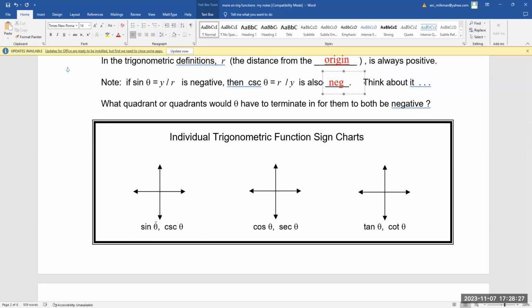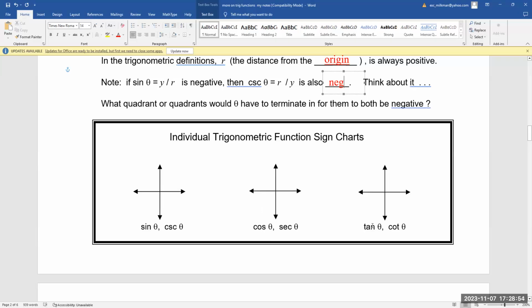So y over r, when your y is negative, that would be in quadrant 3 and in quadrant 4. The cosine and its reciprocal, the secant, are going to be negative whenever the x's are negative, and the x's are negative in quadrant 2 and quadrant 3.